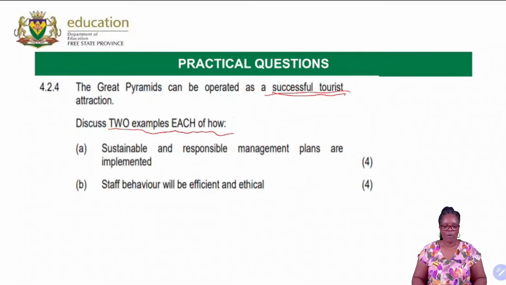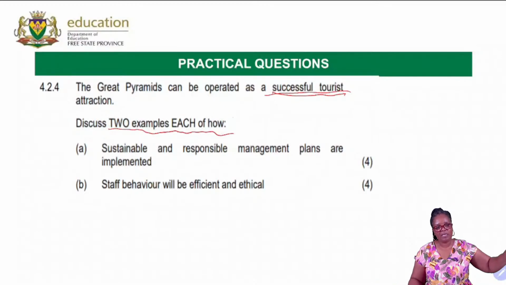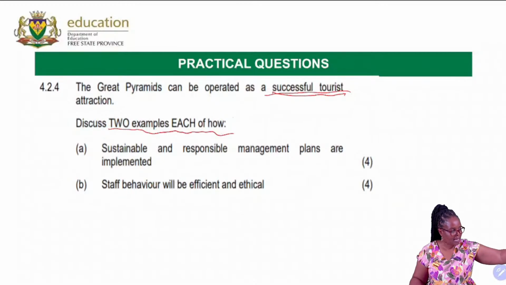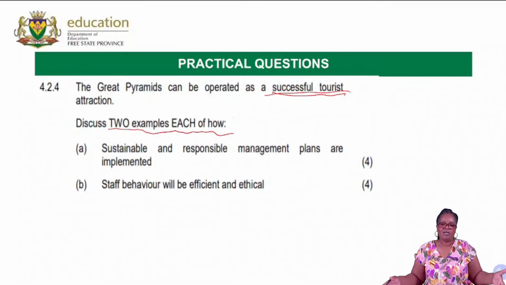Remember from our case study, when you talk about number 8, sustainable and responsible management plans are implemented in the area. We talked about the visitors' vehicles not being allowed to come near the pyramid. They have to leave them at a designated area far away from the site because they would be destroying the site. That is sustainable tourism.